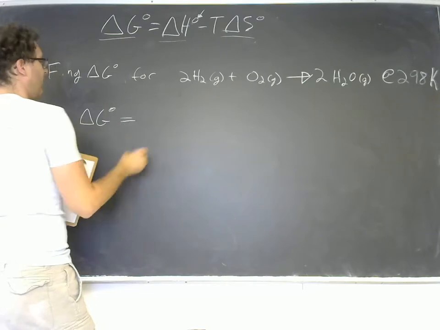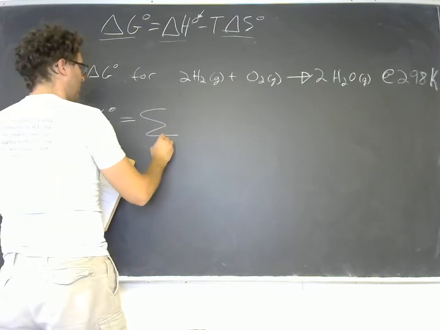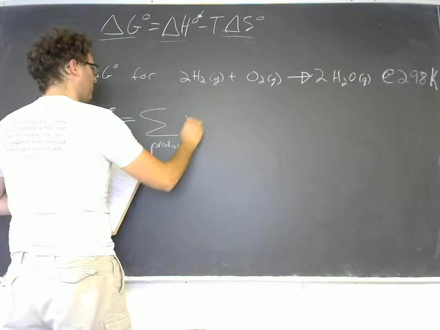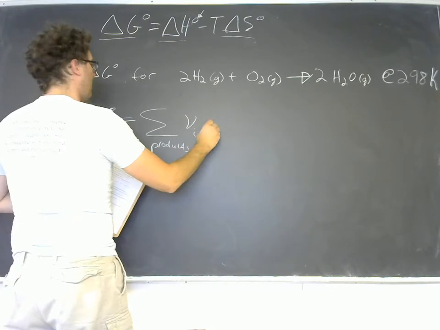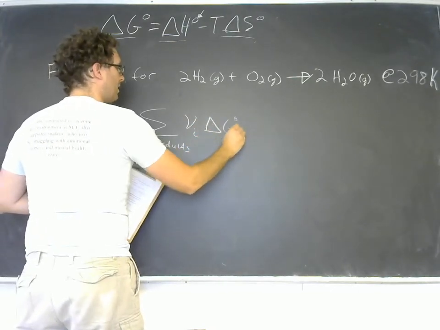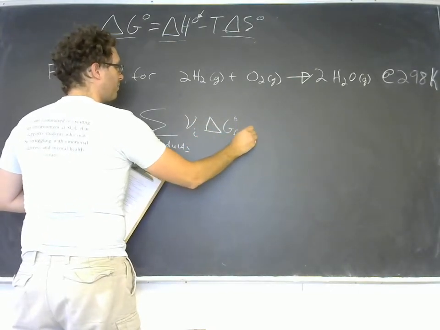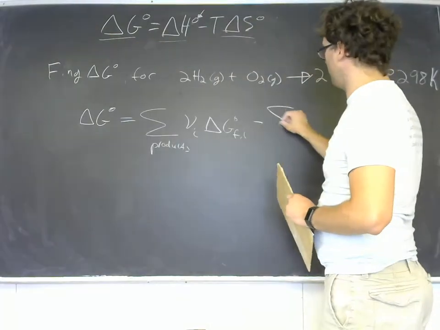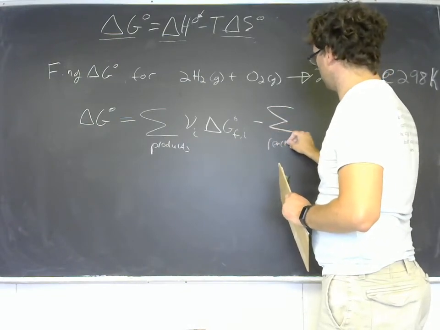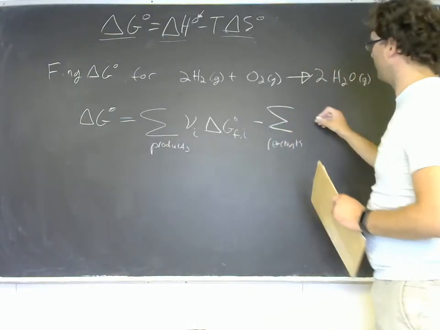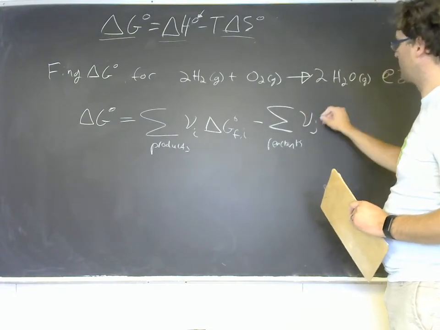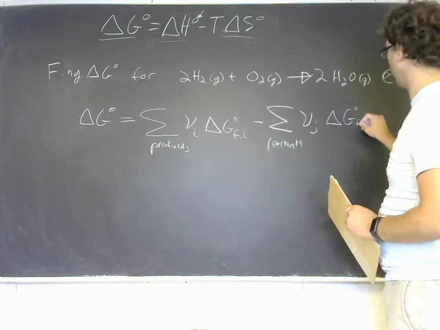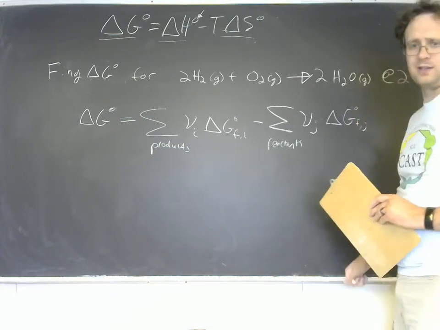If you do use that table for delta G naught, it's going to be just like the others. We'll sum over the products, with the stoichiometric coefficient times the Gibbs energy of formation for the products, and we'll subtract from that the sum over reactants, with the stoichiometric coefficient times the Gibbs energy of formation for those reactants.